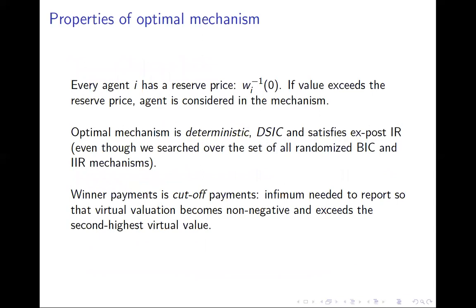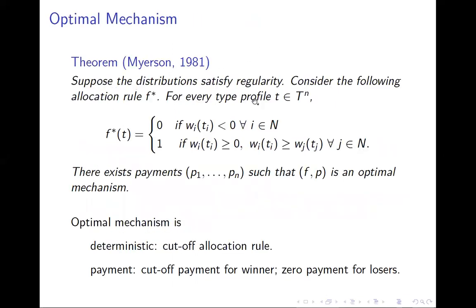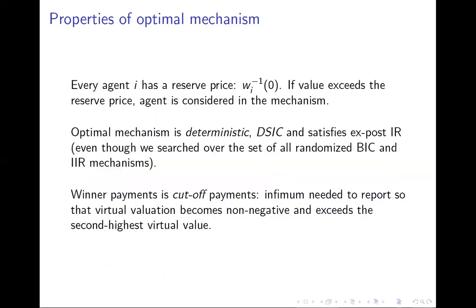So another way to interpret this mechanism is through this virtual valuation function. Remember, we are assuming that under regularity, this virtual valuation function is strictly increasing. So look at the inverse of that. There is a point at which this virtual valuation becomes 0. Call that value W_i inverse of 0. That's kind of the reserve price for agent i.